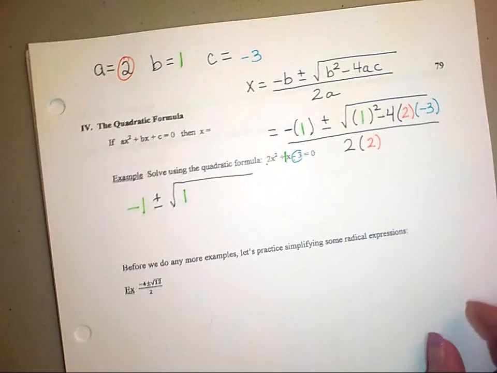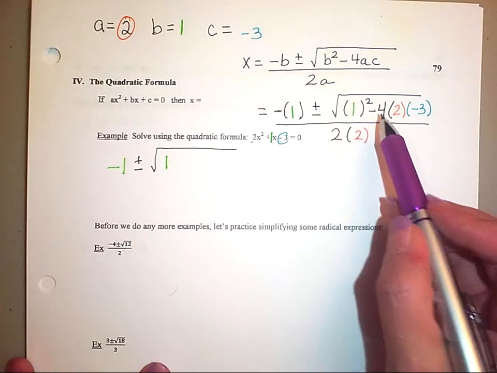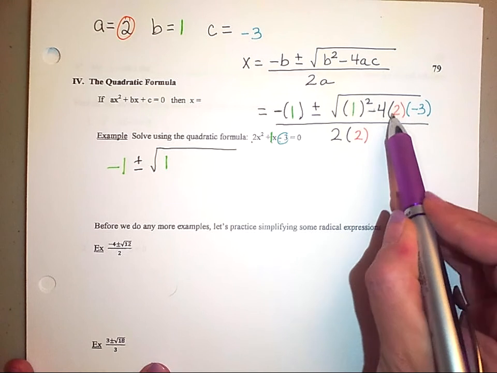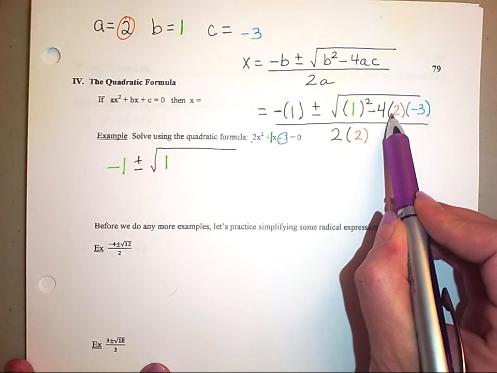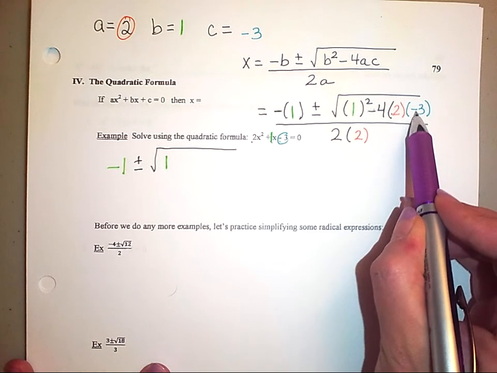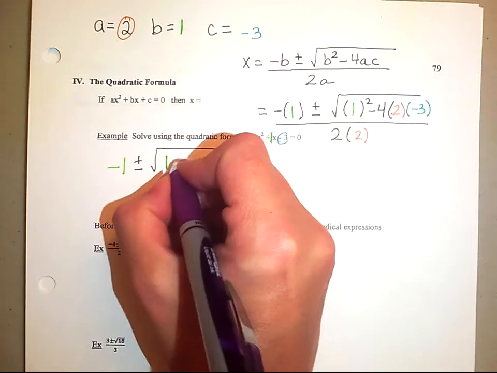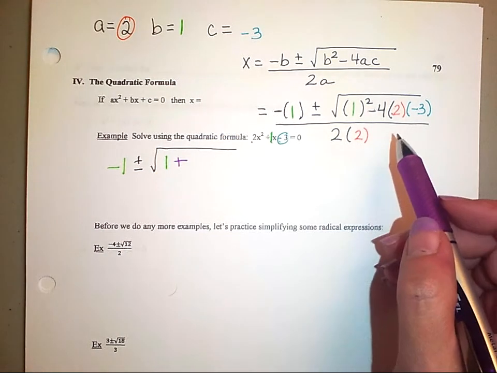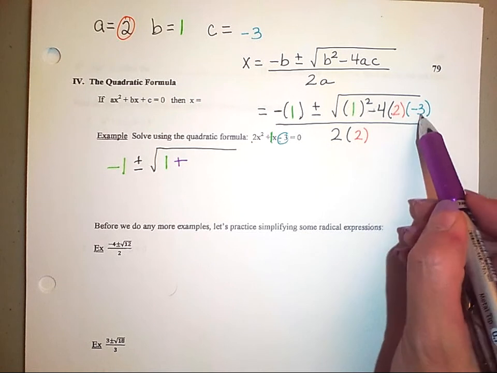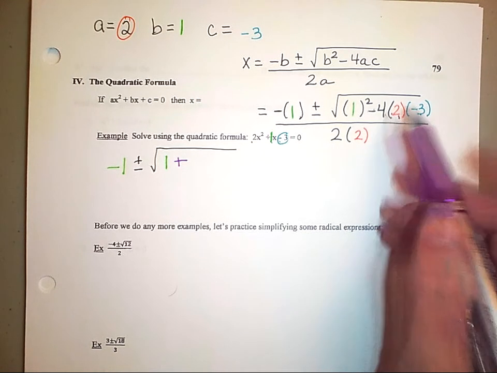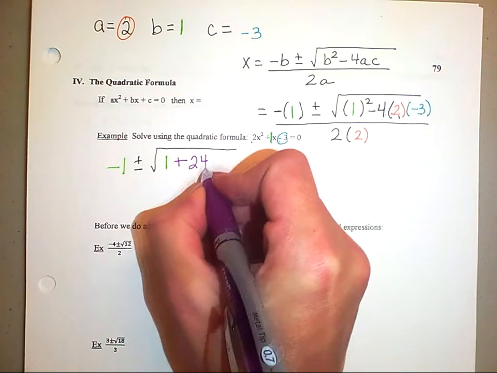Okay. Now in here we have a little bit of work to do. I always work with the signs first. So here I have a negative times a positive, so that'll be negative, times another negative will be positive. Now I can deal with the numbers. 3 times 2 is 6, and 6 times 4 is 24.